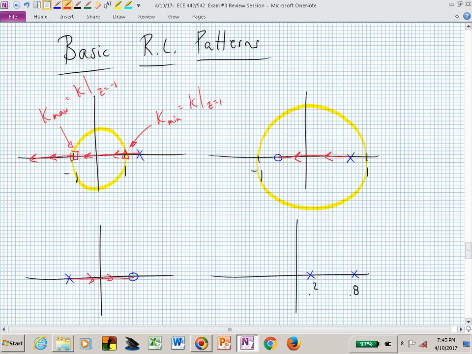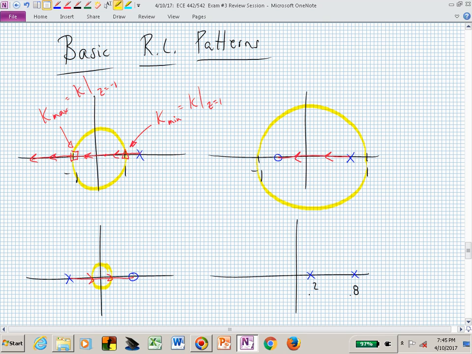So now the maximum K is when I get to that 0, and that will be K equal to infinity. But is that a stable location? It depends on the size of my unit circle. If my unit circle is there, do you see that I now have a limited range of K for stability?